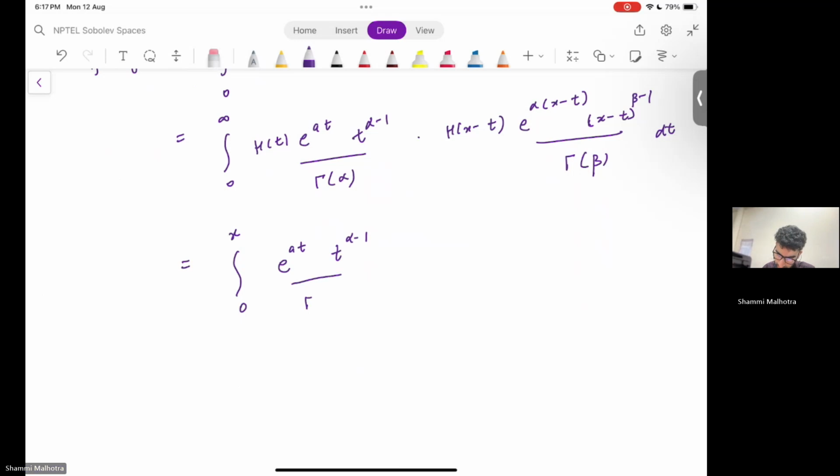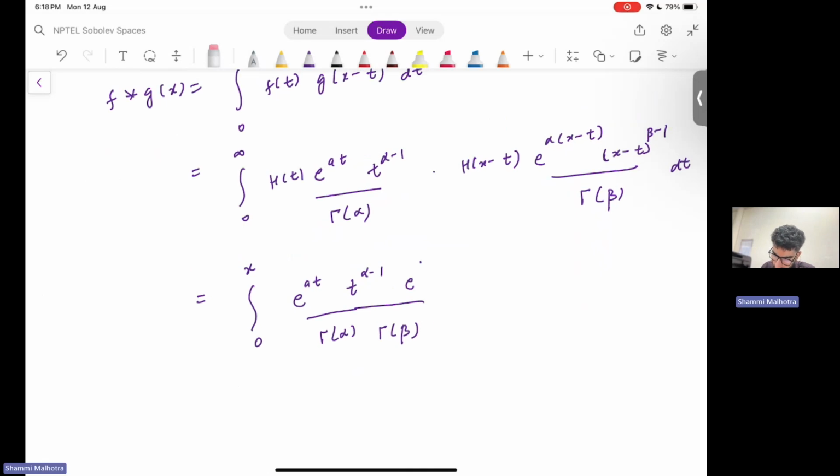e^(at) t raised to the power of alpha minus 1 over gamma alpha. In fact, gamma beta is also there. And then e^(a(x minus t)), x minus t raised to the power of beta minus 1. And that's all we have.